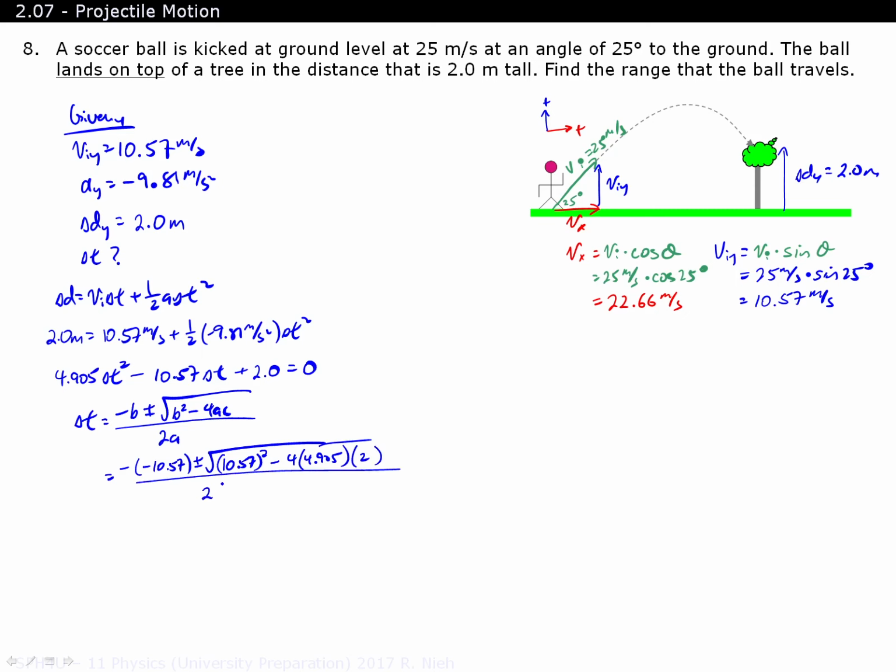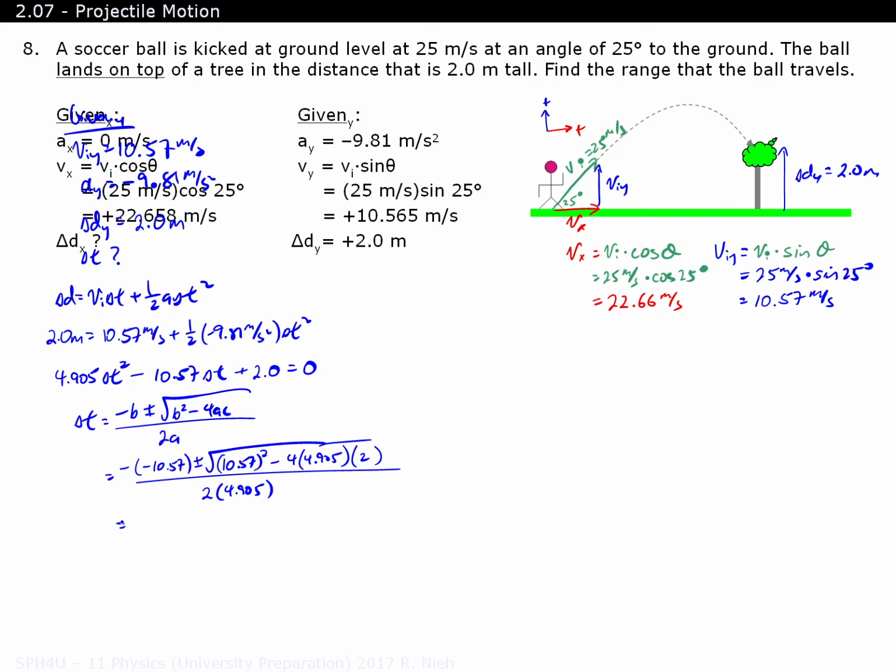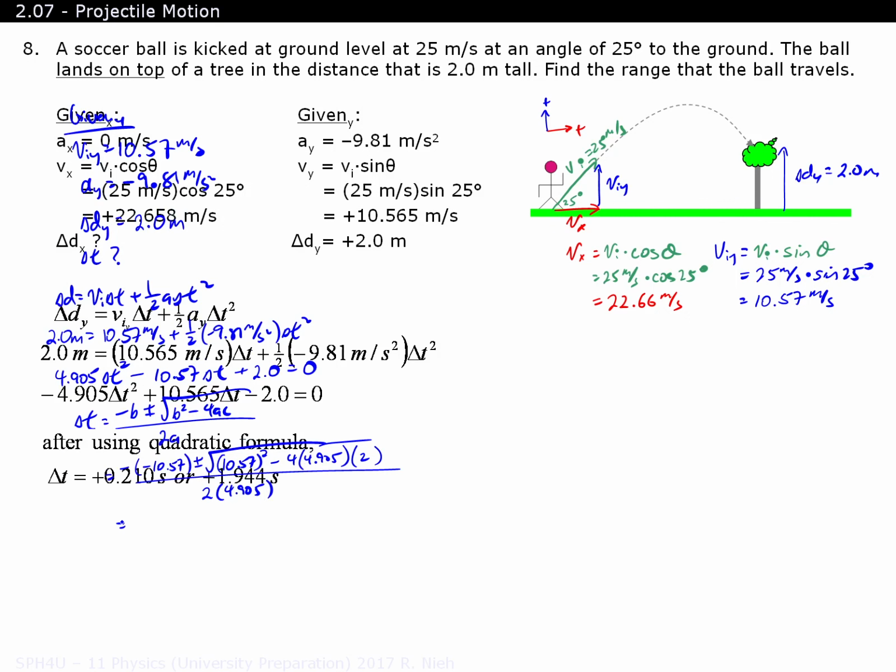Divide that all by 2 times 4.905. This should give us 2 positive roots. My 2 possible answers are 0.210 seconds or 1.944 seconds.